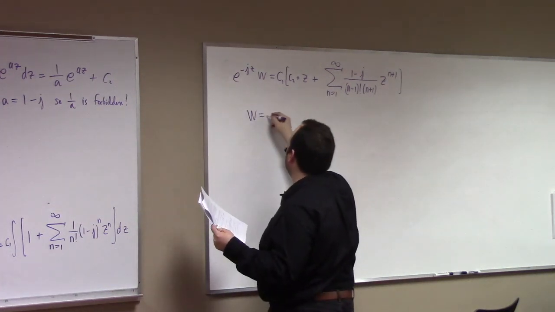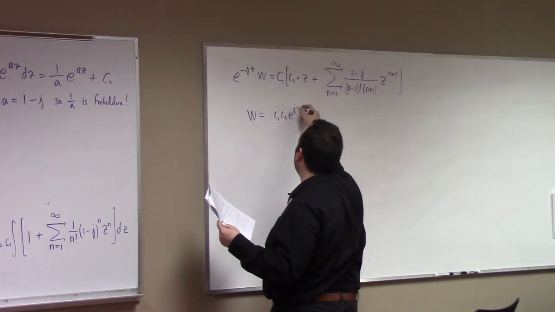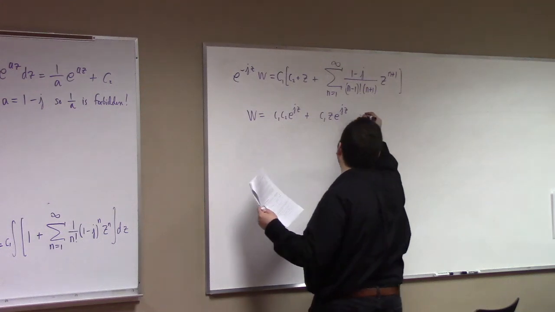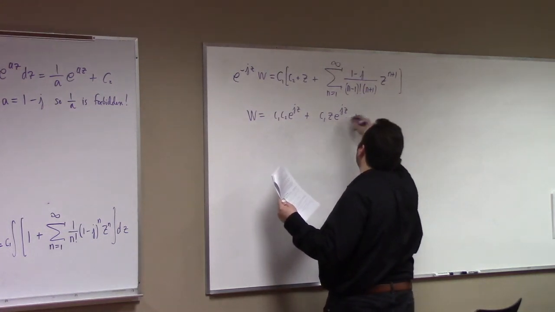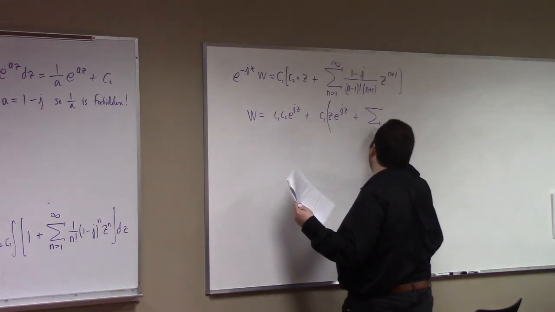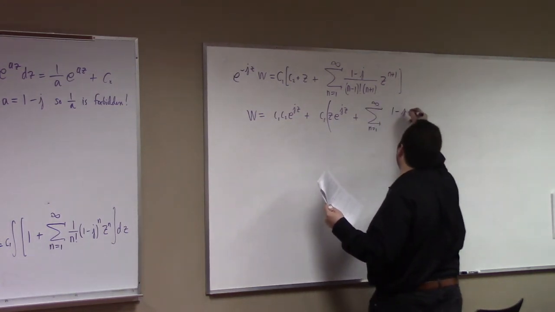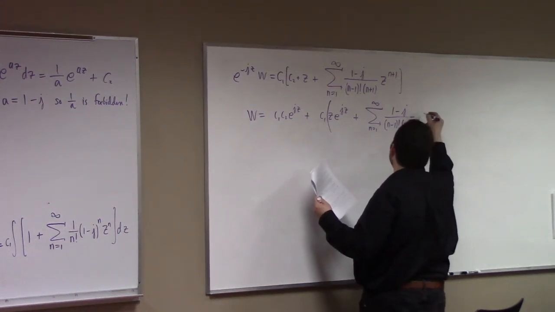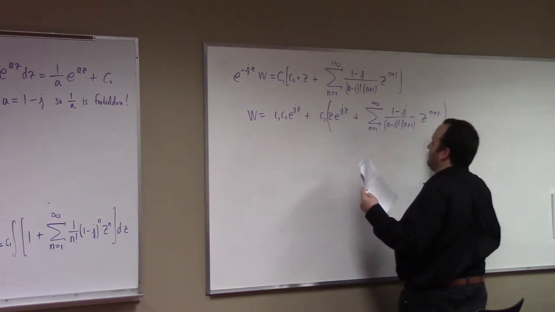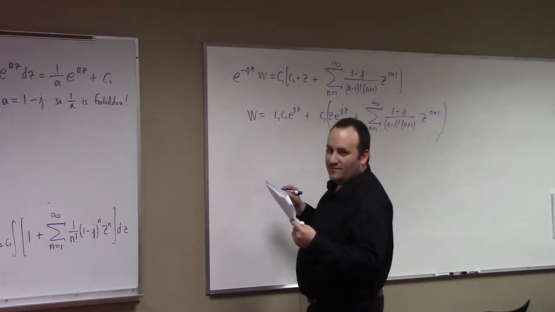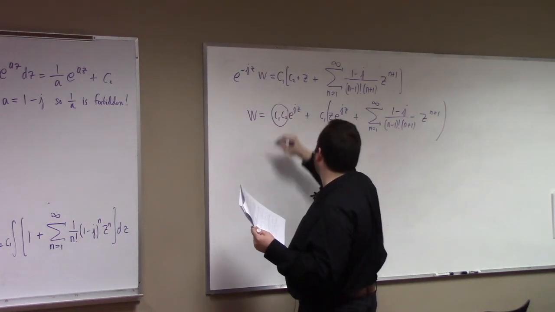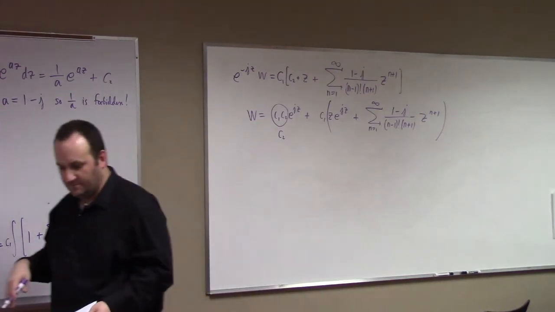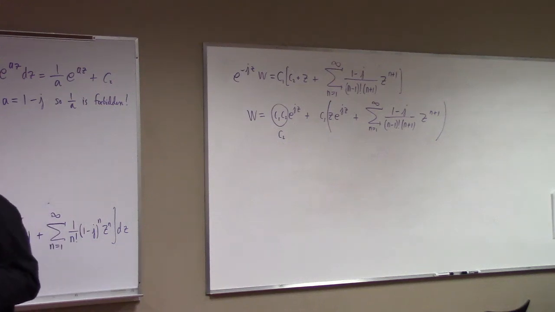Well, w is C1 C2 e to the jz, plus C1 z e to the jz, right? Plus this sum, n equals 1 to infinity of (1 minus j) over (n minus 1) factorial times (n plus 1), z to the n plus 1. So, you know how things go. We might as well just call this thing C2, or C1 tilde or C2 tilde, whatever. Anyways, it's just a constant.